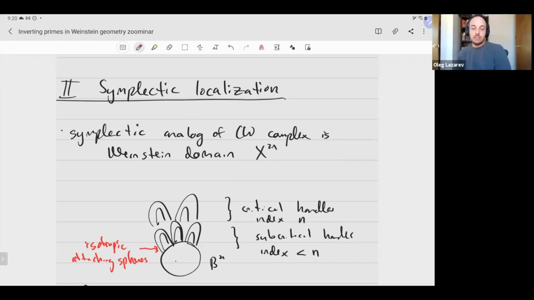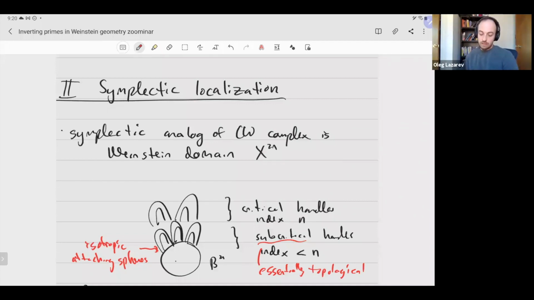The isotropic condition forces the handles to have index at most n. Some of those handles have index strictly less than n, and those are called subcritical. These handles are essentially topological; they satisfy an h-principle, so they're not so interesting from the symplectic point of view.